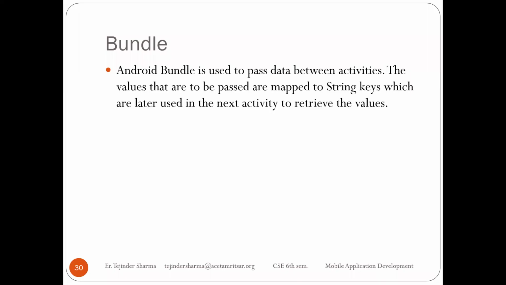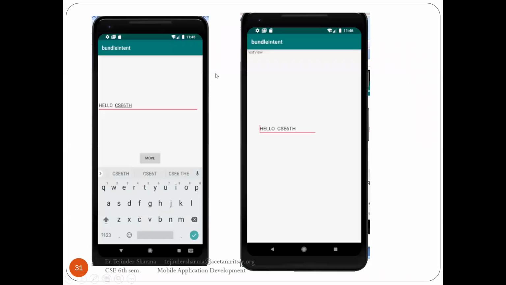Android bundle is also used to pass data between activities, just like you use the getExtra and putExtra methods to pass the data through intents. Data will be passed from one activity and mapped onto string keys, which will later be retrieved in the second activity. We will create two activities. In the first activity, you will create one edit box and one button, and then you will pass the data from one activity to the second activity.